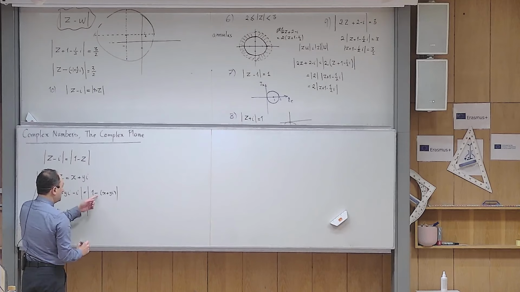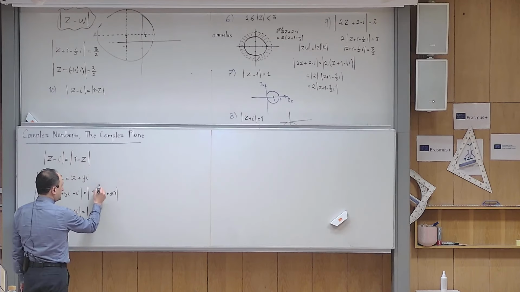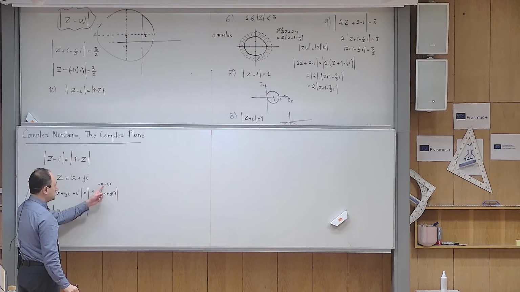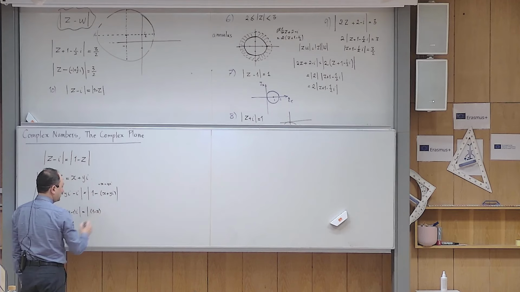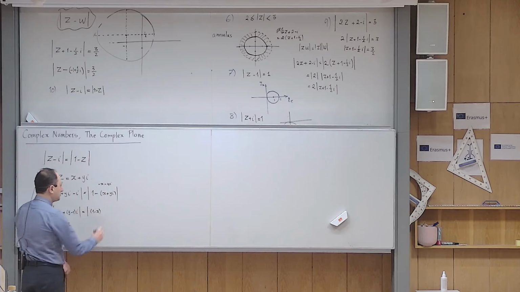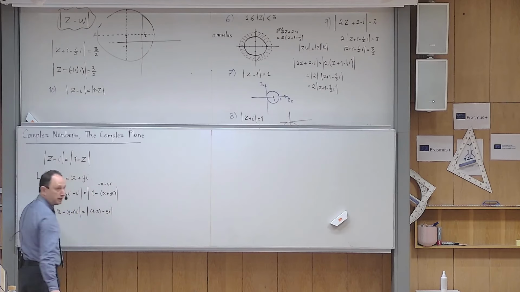On this one, I multiply the minus sign in, so it becomes minus x minus yi. But 1 minus x minus yi, if I want to write it in a standard form, 1 is real, minus x is real, I collect them in one pair, and then I would write minus yi, absolute value.